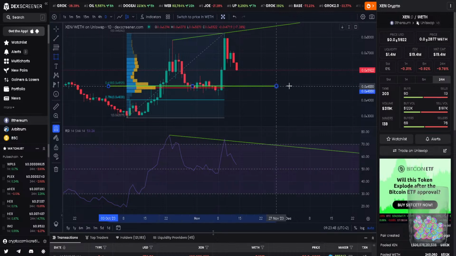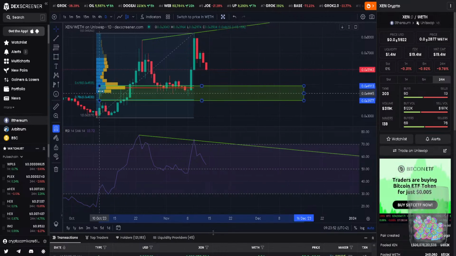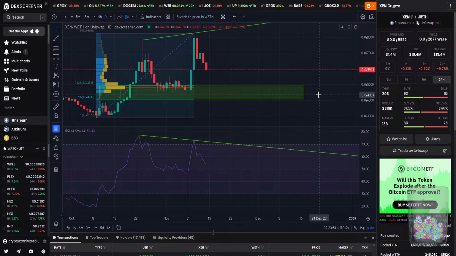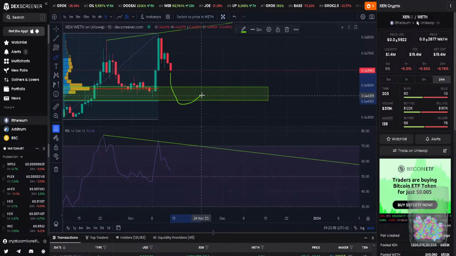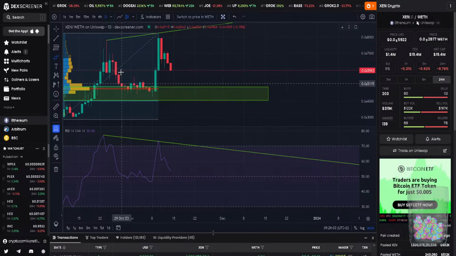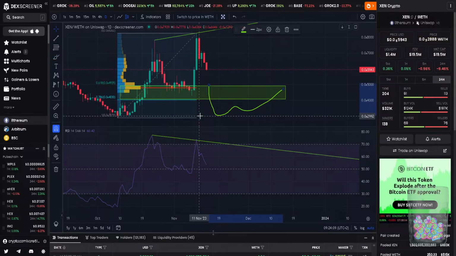This is where you can be interested, but then I would be conservative and wait for higher lows or market structure or a W to form. Wherever this comes in, if this comes inside of the reload zone, good for you. If it goes below the reload zone, that's fine.